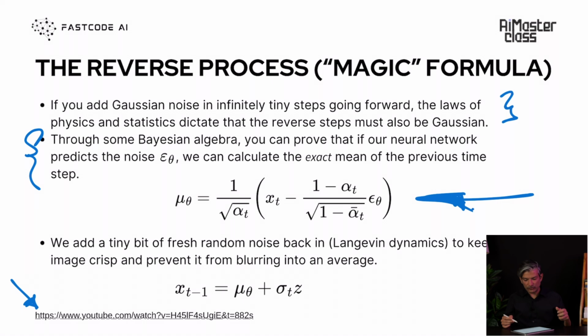You can prove that if your neural network predicts the noise epsilon theta, we can calculate the exact mean of the previous time step: mu theta equals 1 upon root alpha t times (xt minus (1 minus alpha t) upon the square root of 1 minus alpha bar t times epsilon theta).